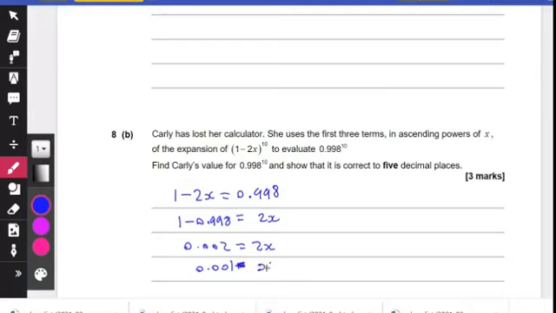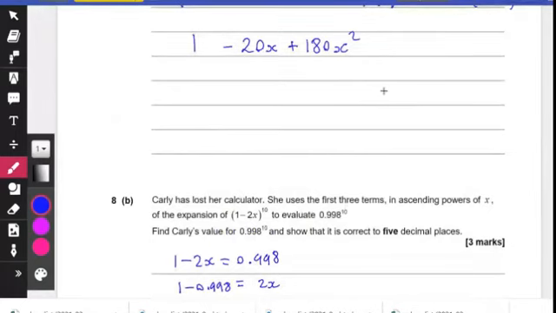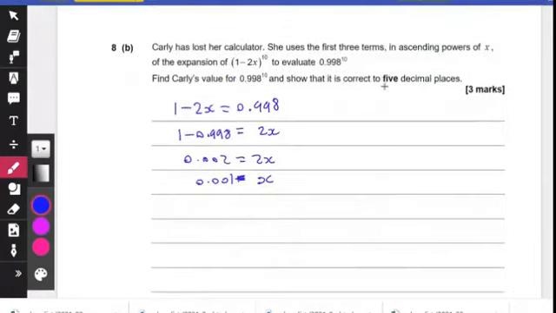equals x. So now that we've worked that bit out, we're going to substitute that into our expansion. Our expansion was 1 - 20x + 180x^2. So sub x equals 0.001 into 1 - 20x + 180x^2.